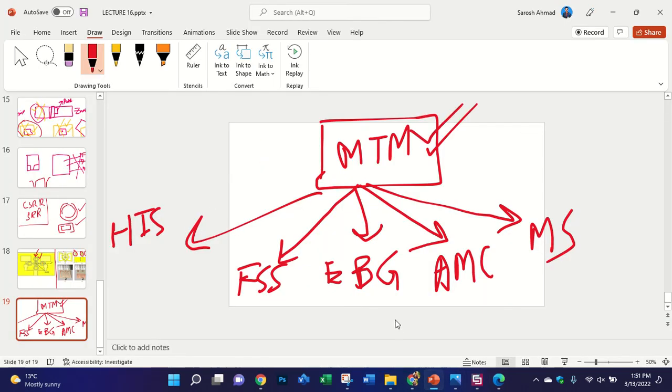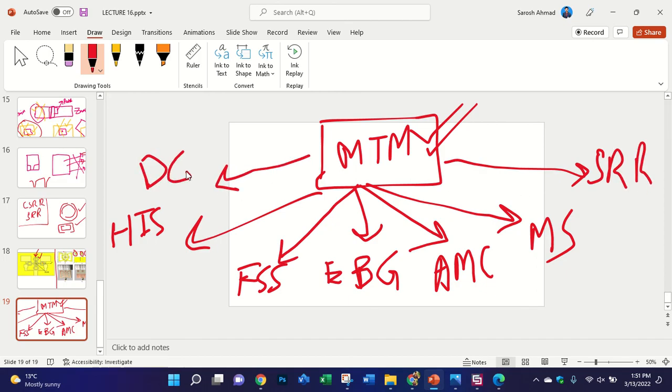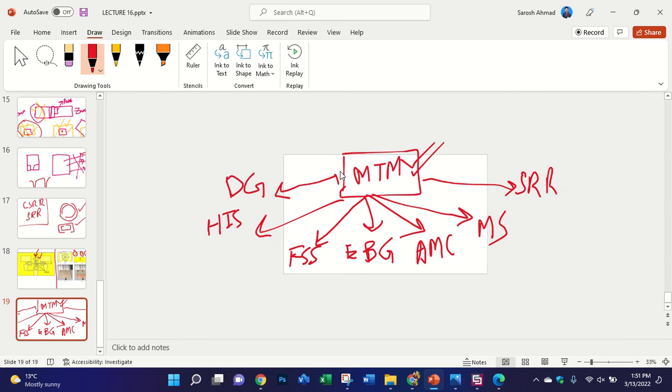And we have the double negative refraction. Also we say SRR technique. Also we say DGS, discrete ground, photonic gap, photonic crystal. I am nowadays working on projects on photonic integrated circuits.